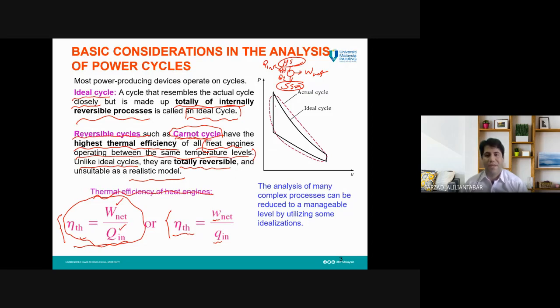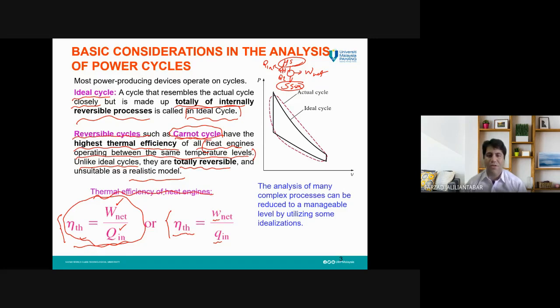Sometimes we can only calculate it by graph, so we need to have the cycle on a PV diagram. How to draw that? If we use an actual cycle, it is too complex. If we use a Carnot cycle, it may cause a huge amount of error. So we need to introduce new types of cycles, which we will see later.